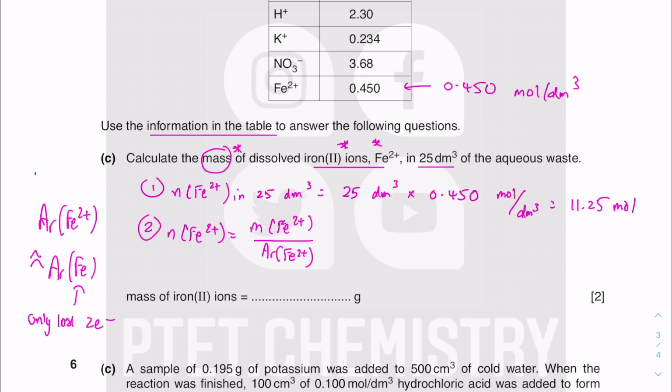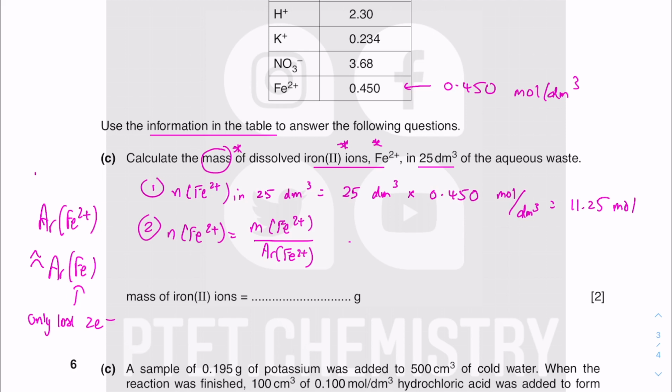Losing 2 electrons is not going to have a big impact on the relative atomic mass, which is to do with the average of the mass numbers, which consists of the nucleon number, the protons and the neutrons, the heavy ones, but not the electrons. Therefore, not much change in the mass at all.